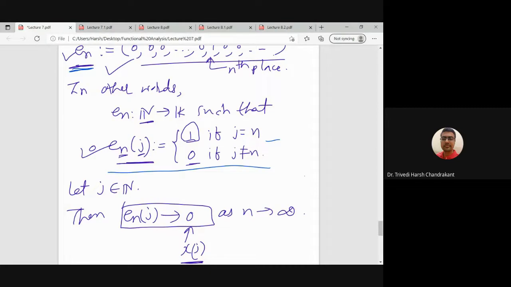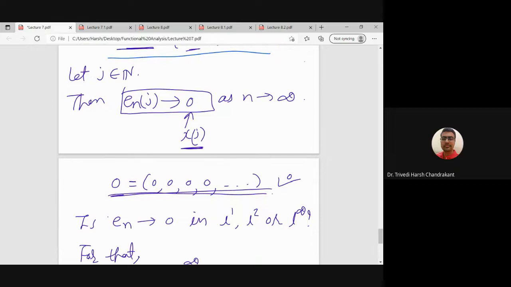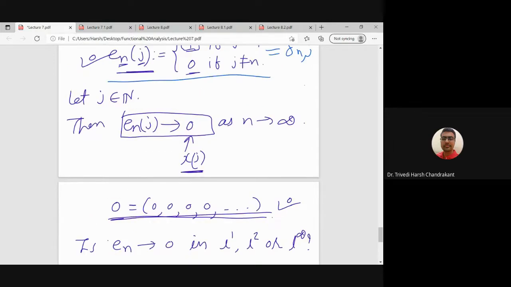So basically this is delta nj, and so enj is delta nj, and it converges to 0 as n approaches infinity for every j. So basically what we are saying here is that the jth coordinate converges to 0 as n tends to infinity.